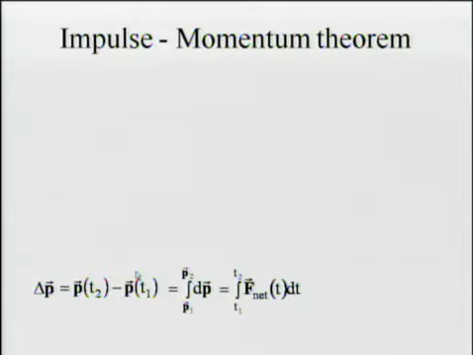Where did I get that from? Well, instead of dp, I wrote that it's F net times dt. Where did I get this from? Not from the definition. It's from the previous slide.